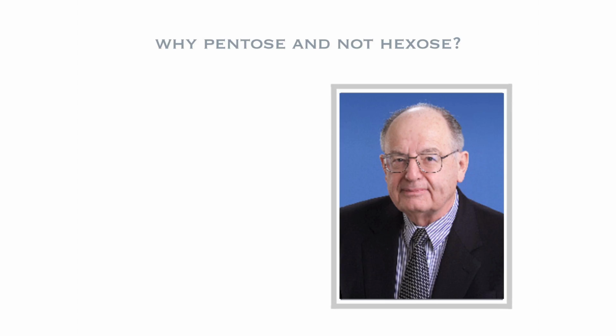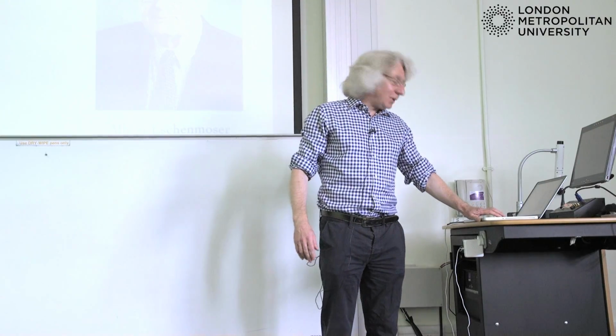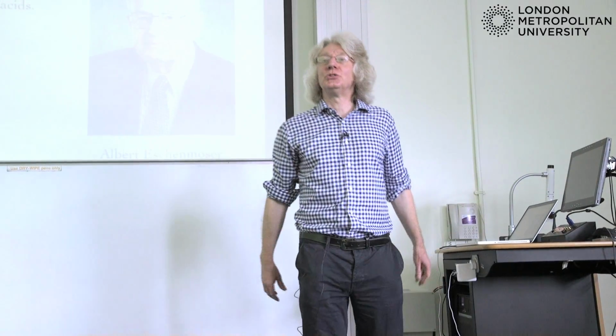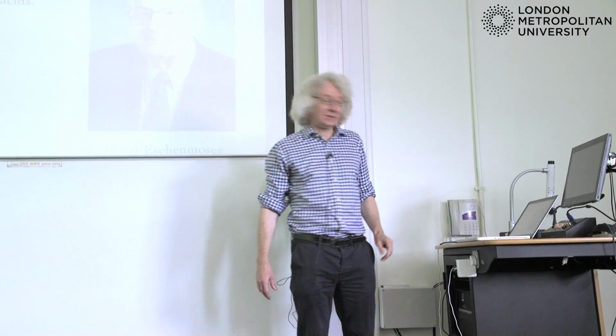And it's this great Swiss physicist, sort of physical and synthetic organic chemist, Albert Eschenmoser. This was his retirement project, by the way. In 1986, at the age of 65, he initiated a comprehensive study of nucleic acids containing six-membered ring sugars, so-called hexose nucleic acids.